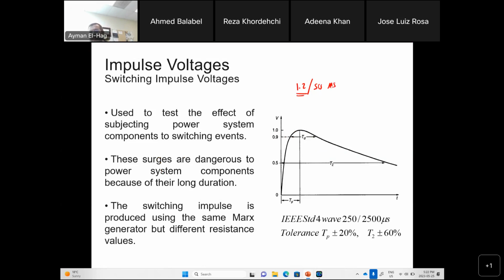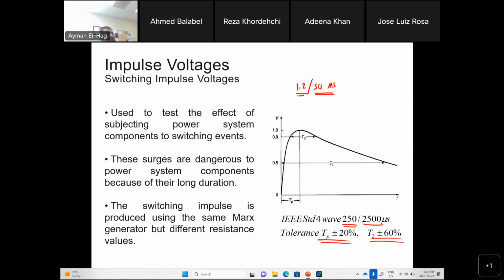So the rise time is very, very sharp, and the fall time is a bit slower. Here for a switching, that again mimics the reality of switching impulses. They are slower. It's 250 microsecond for the rise time, 2,500 microseconds for the fall time, with these tolerances that you will have in the fall and in the rise time.